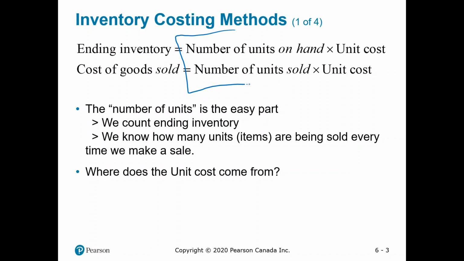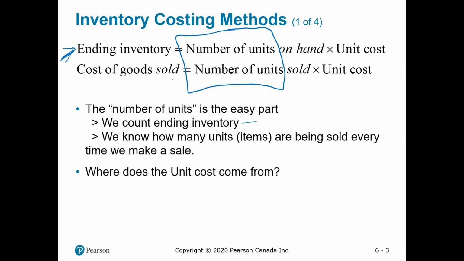When we look at these formulas for ending inventory and cost of goods sold, you basically just take the number of units that you have or that you've sold, and you multiply it by the unit cost. The number of units here is the easy part. For ending inventory, both perpetual and periodic, we do the count. So we count our ending inventory, we know the number of units.